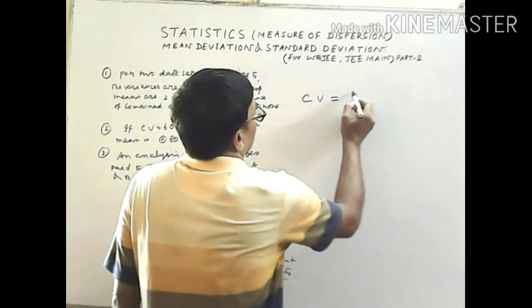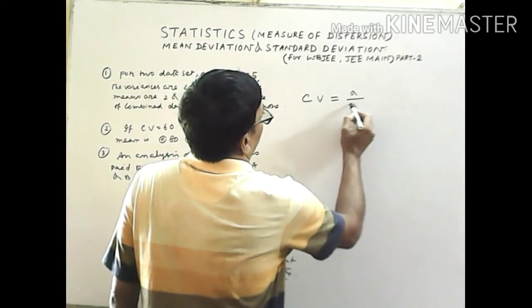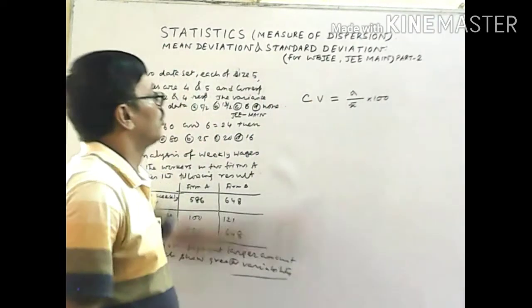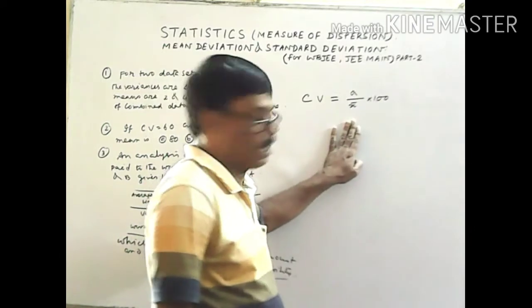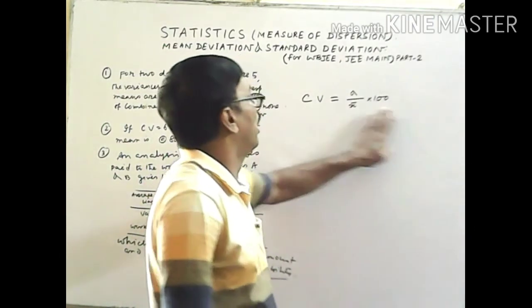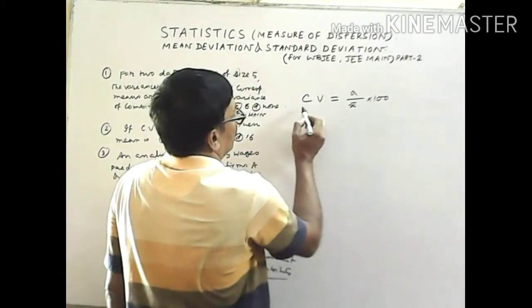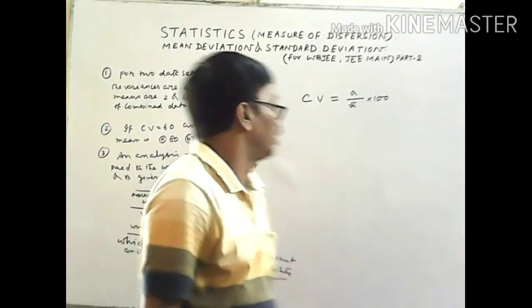Its definition is sigma by x bar into 100. Look, sigma and x bar have the same unit, so it cancels out and we get a unitless quantity. CV, coefficient of variation, is unitless.